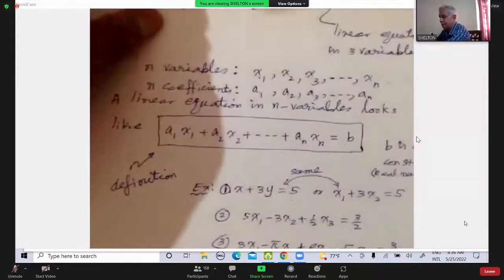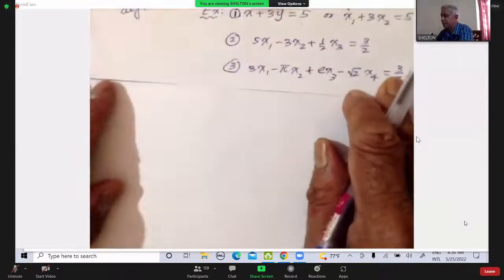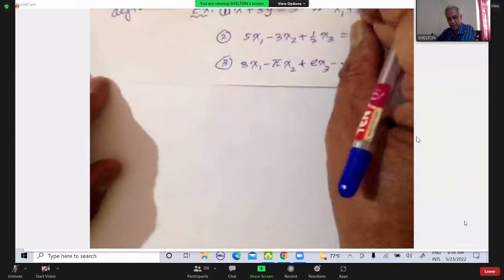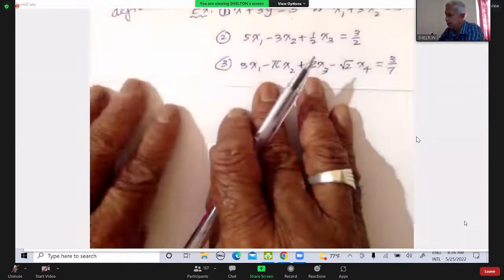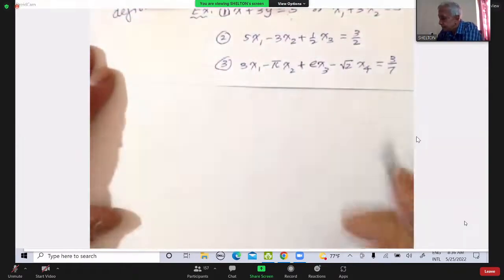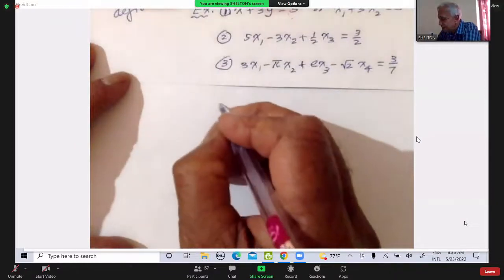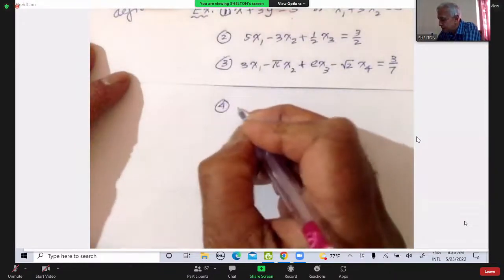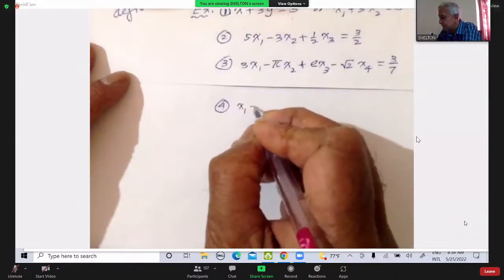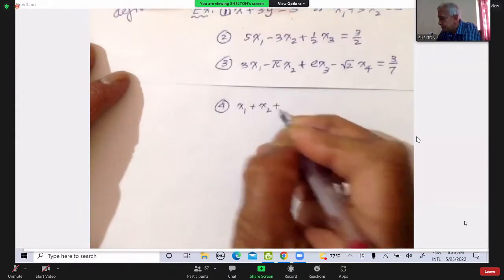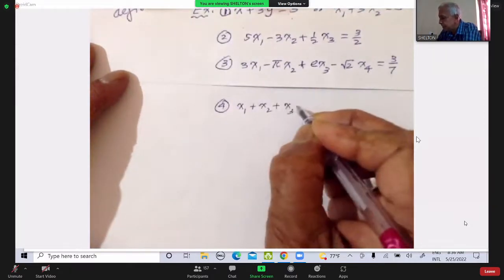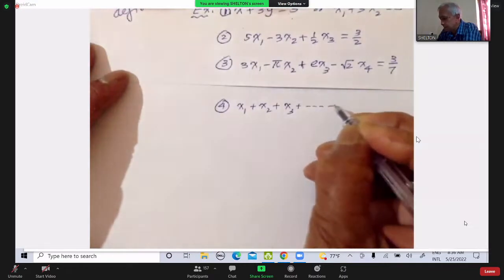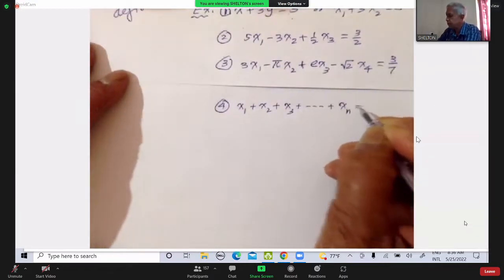Fourth example of a linear equation in n variables. Something like x1 plus x2 plus x3 plus ... plus xn is equal to, say, 4.